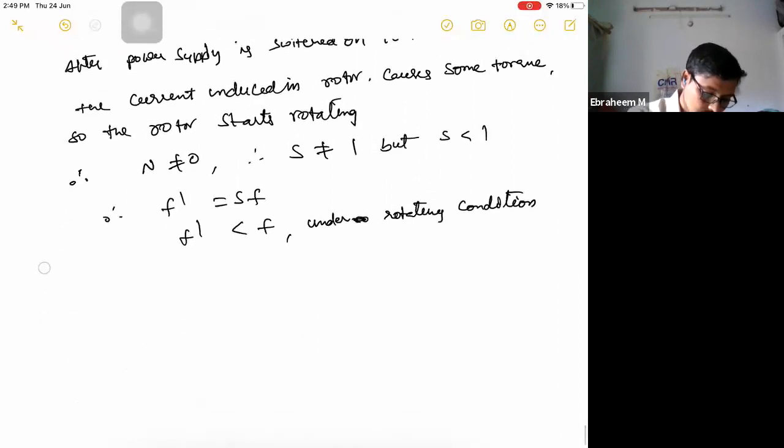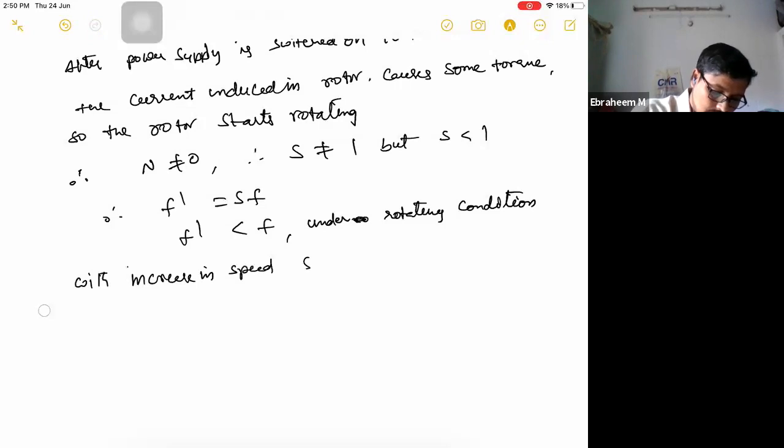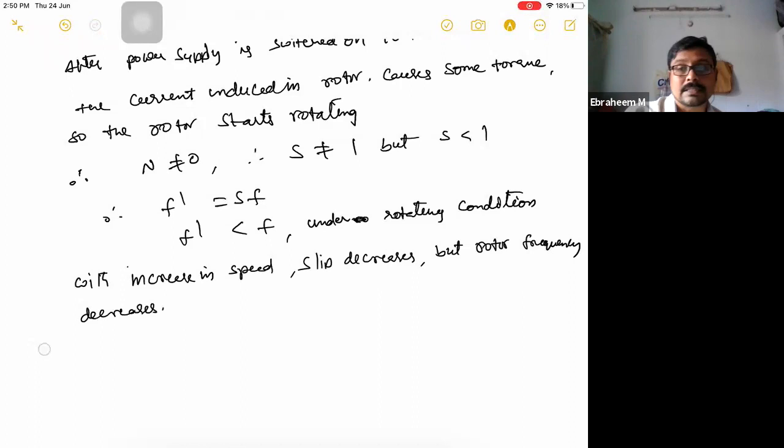With increase in speed, slip decreases, and rotor frequency also decreases.